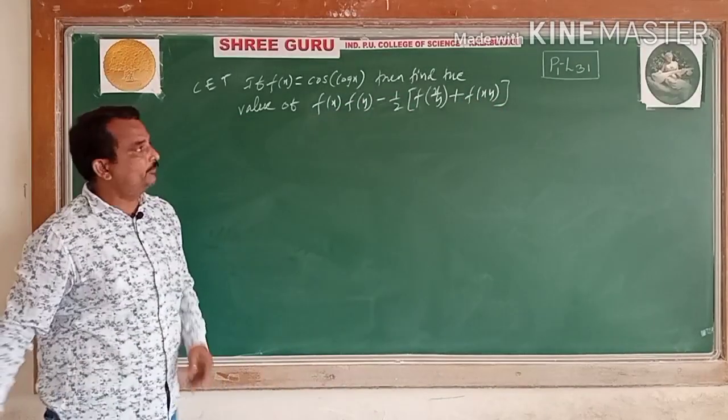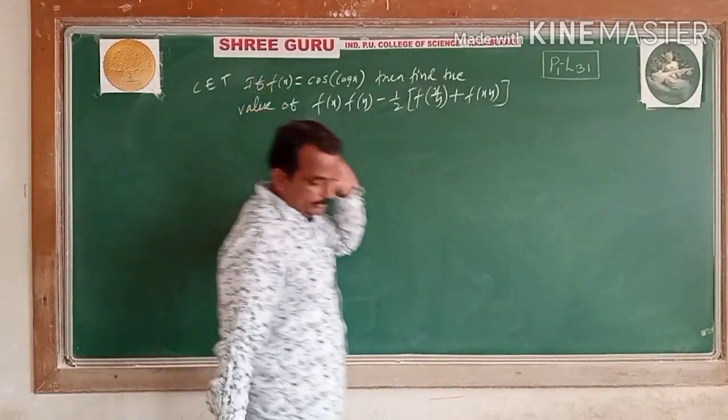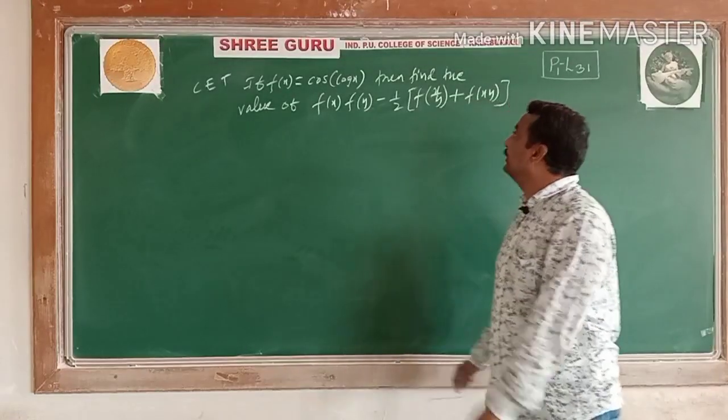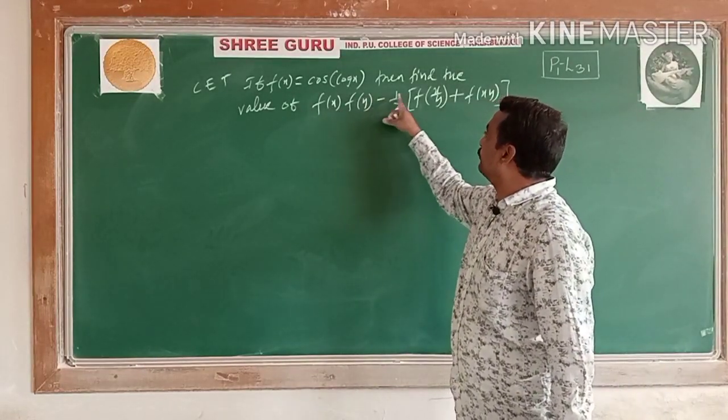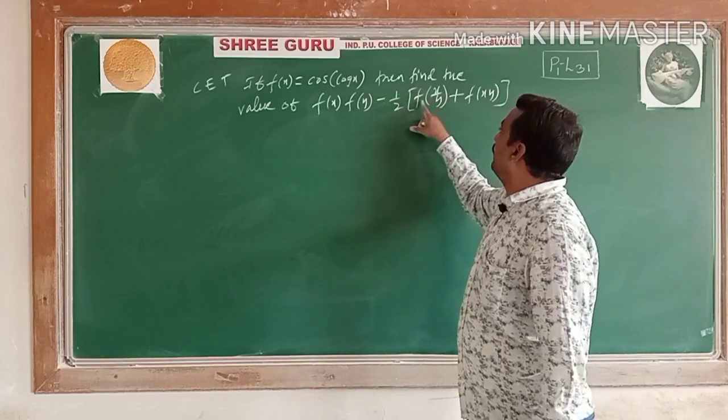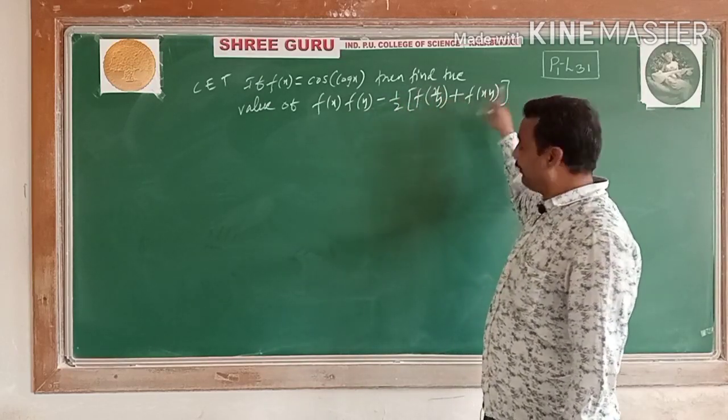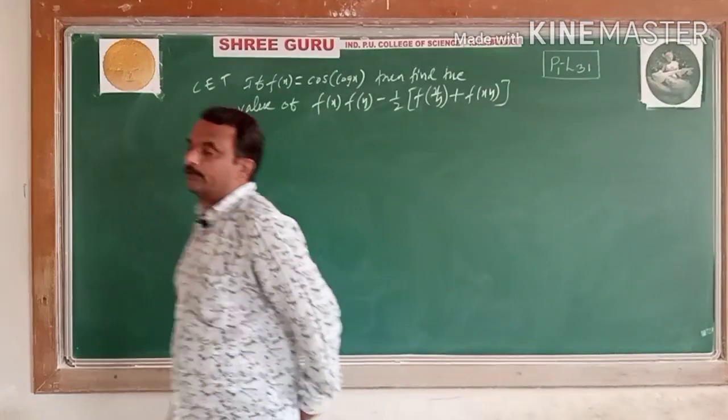See, f of x given here is cos of log x. Then what you have to find the value of? f of x into f of y minus 1 by 2 f of x by y plus f of x into y.